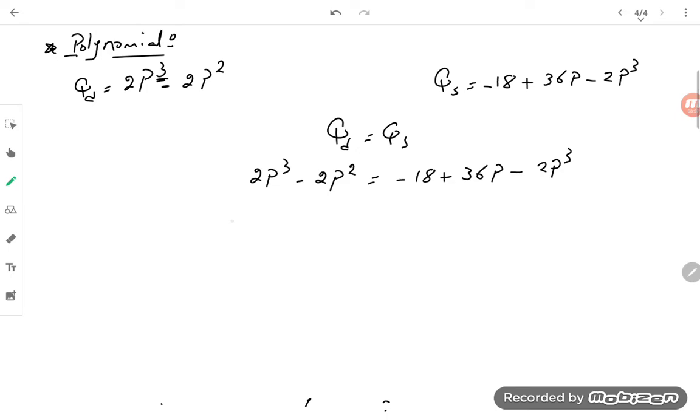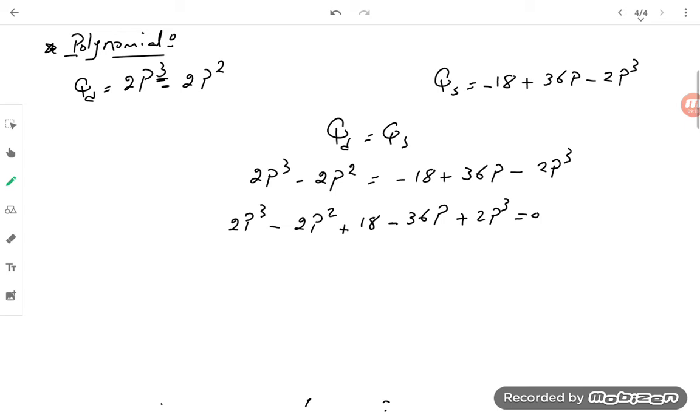So we can write it as 2b to the power 3 minus 2b squared plus 18 minus 36b plus 2b to the power 3 equals 0. Now we are going to sum them together.